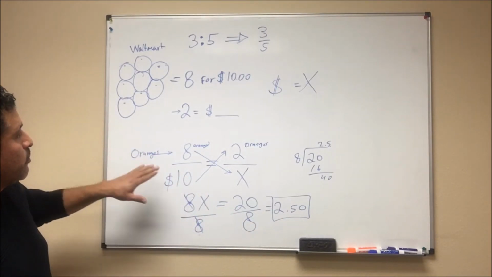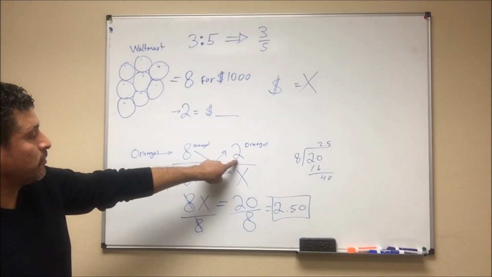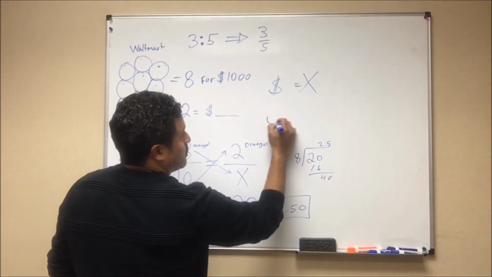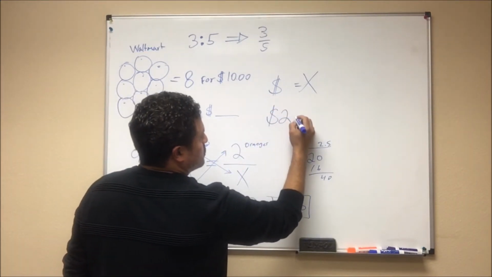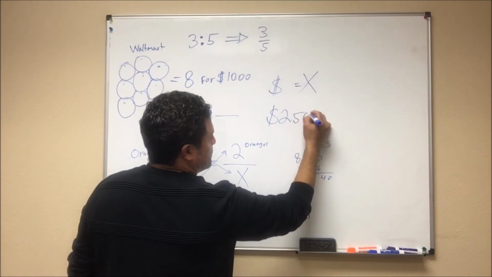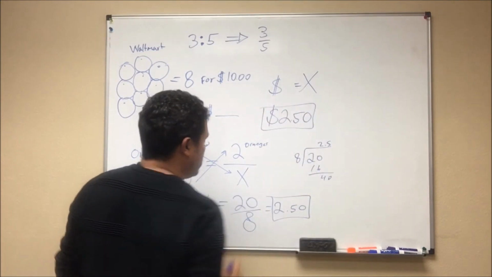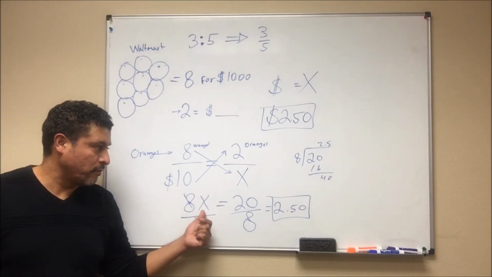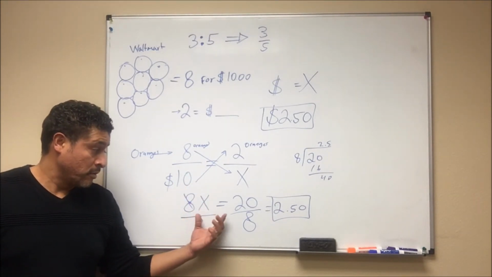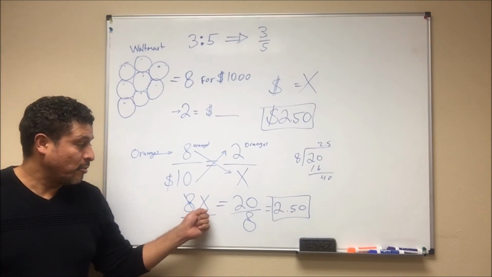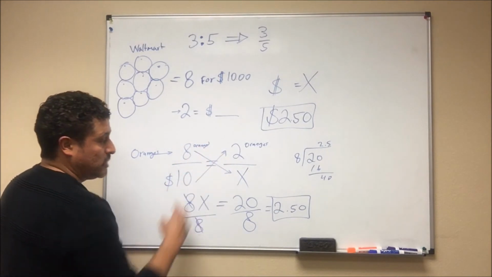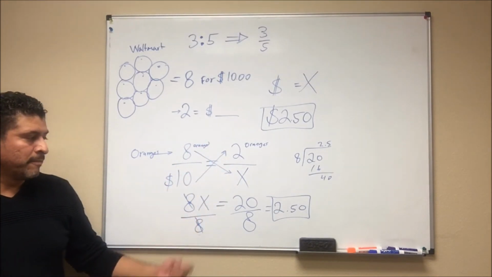So in order for you to buy 2 oranges, the cost would be $2.50. Okay? So you saw how we solved for the unknown variable. The unknown variable was x. How much did it cost you to buy 2 oranges? And I used ratios to solve the problem.